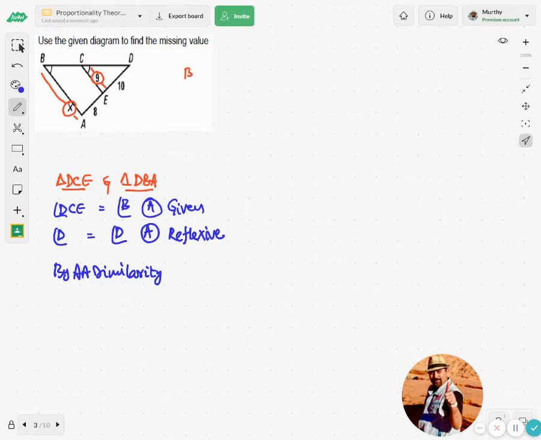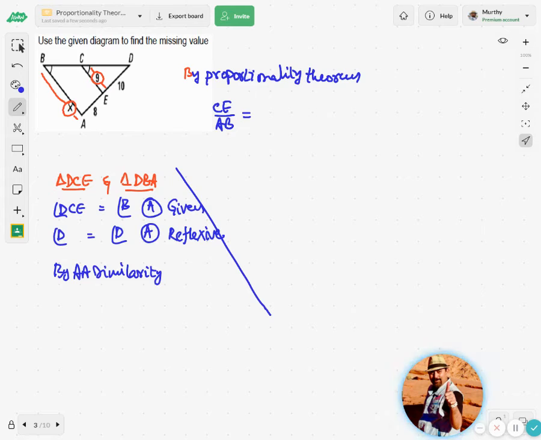Okay, now let's see, by the proportionality theorem, I take CE over AB equals, I'm taking one side of the small triangle over one side of the large or big triangle.